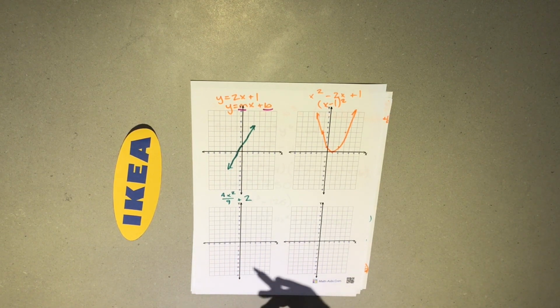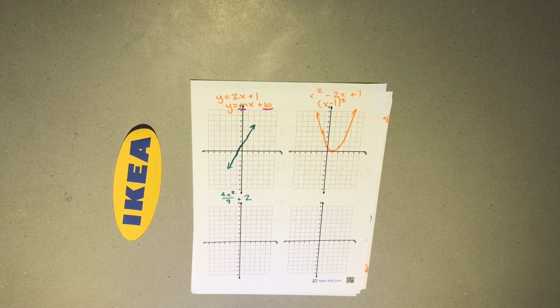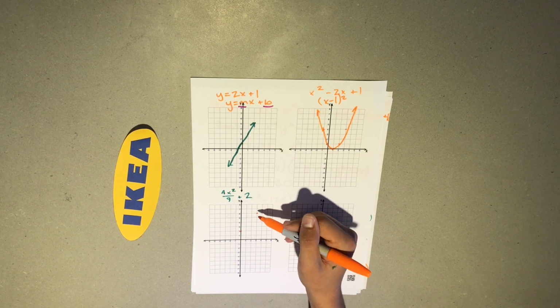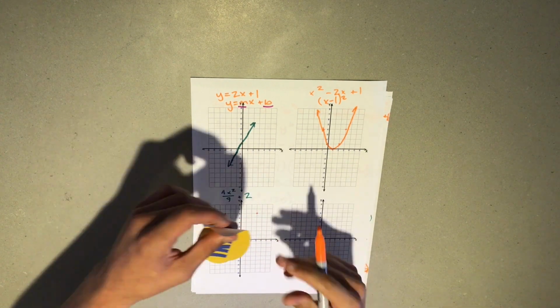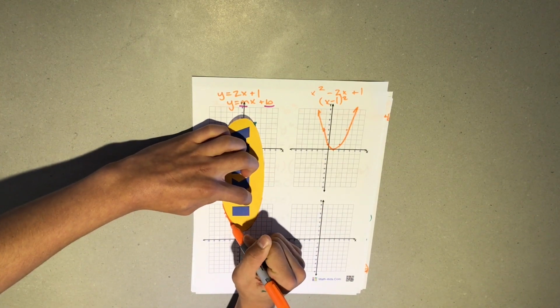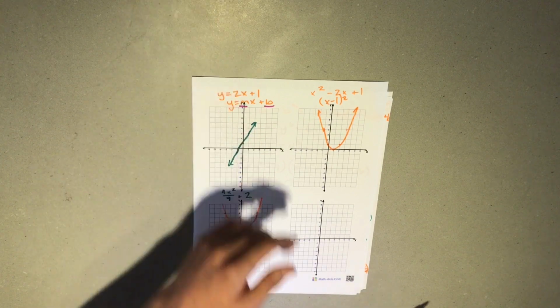So first thing, we're going to find the y-intercept, which is 2. And then from there, you can plug in points. So I'm going to plug in something that will make this easier to do. So 3, 6. And then the negative version of that is right here. Perfect. Thank you, IKEA logo.